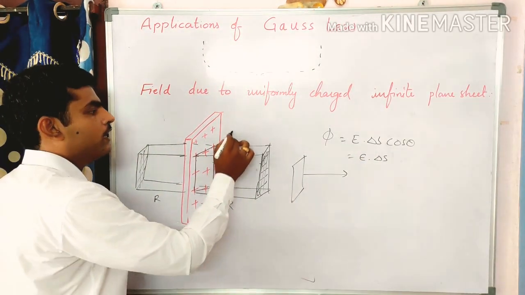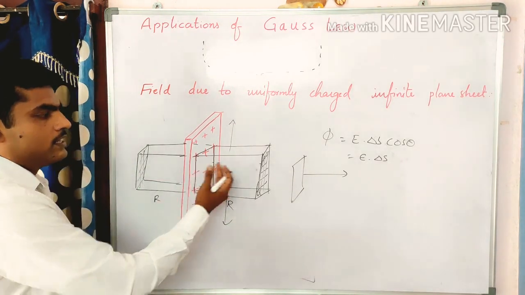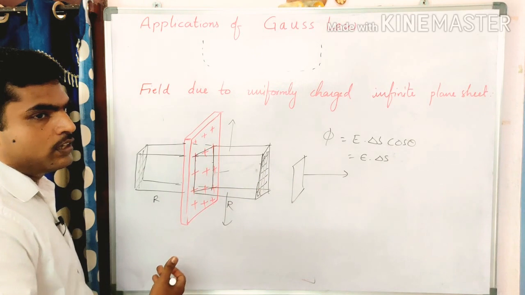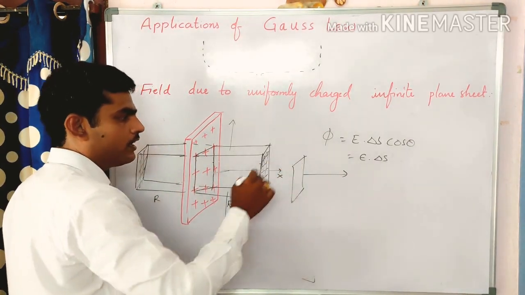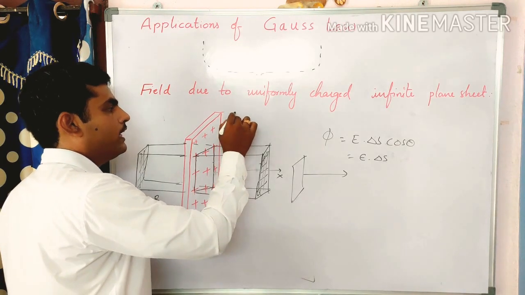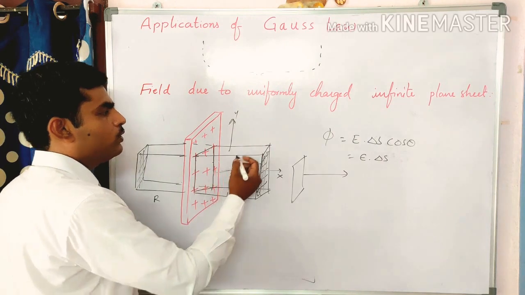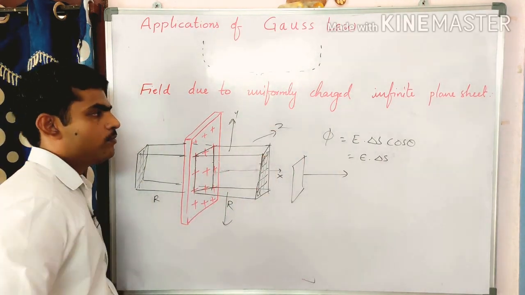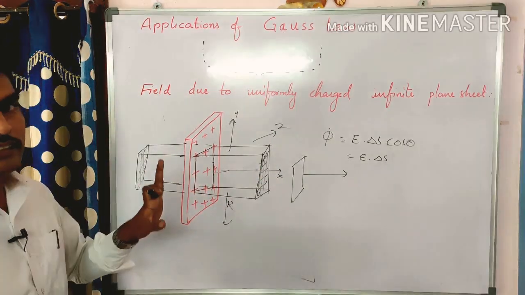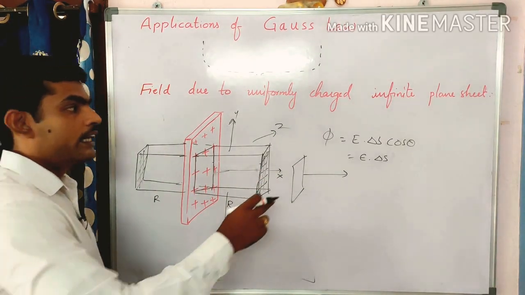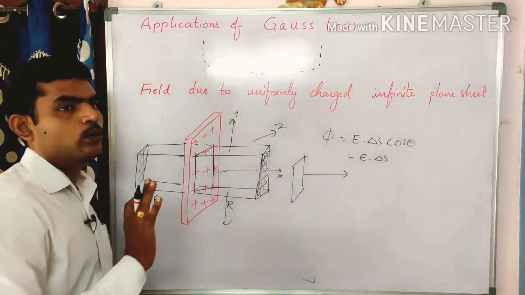If you take the top surface, bottom surface, or the lateral surfaces, front side and back side: suppose this surface is along the x axis, this surface is along the y axis, and the surfaces at the back and front are along the z axis. The y and z axes are at 90 degrees to the field, cos 90 is 0, so the flux is 0.